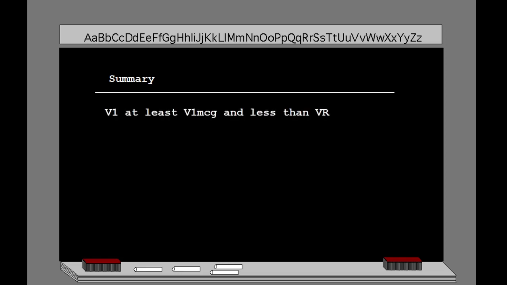The takeoff decision speed, V1, must be above the minimum control speed on the ground, and V1 cannot be greater than VR. The rotation speed, VR, must be at least 5% greater than the minimum control speed in the air and high enough to achieve the takeoff safety speed 35 feet above the runway.